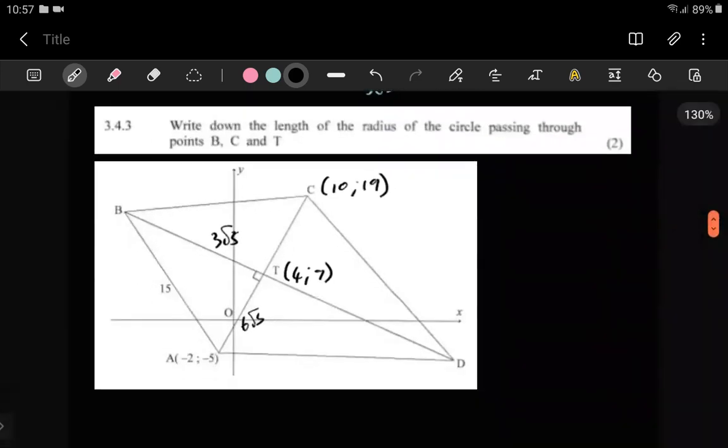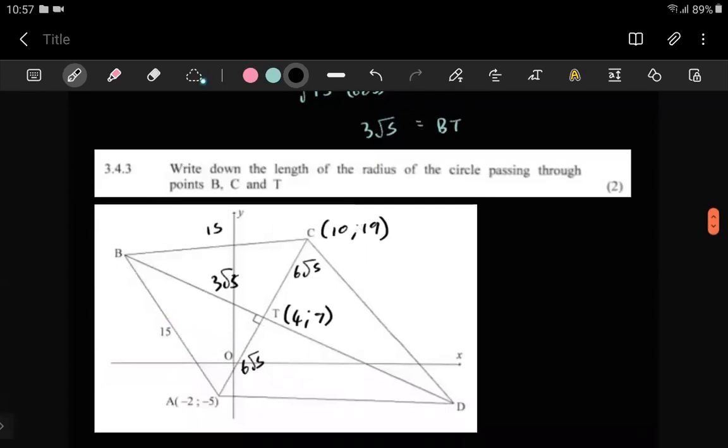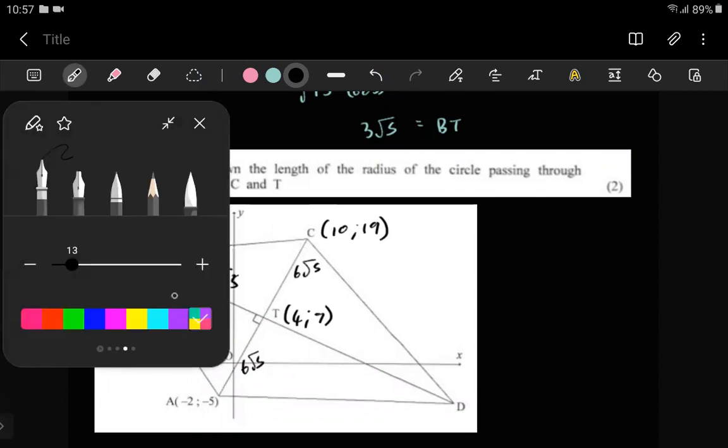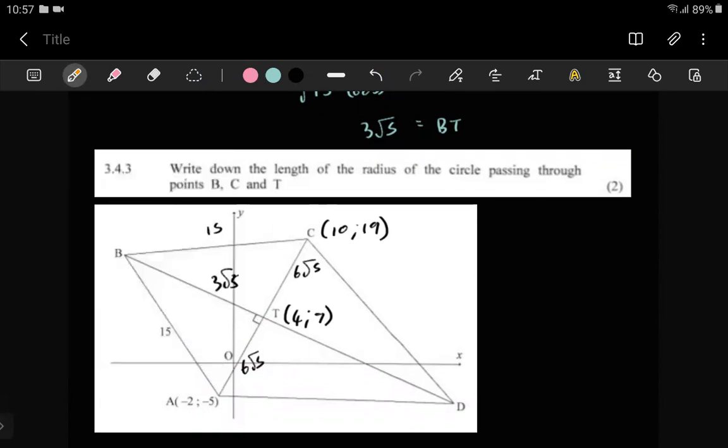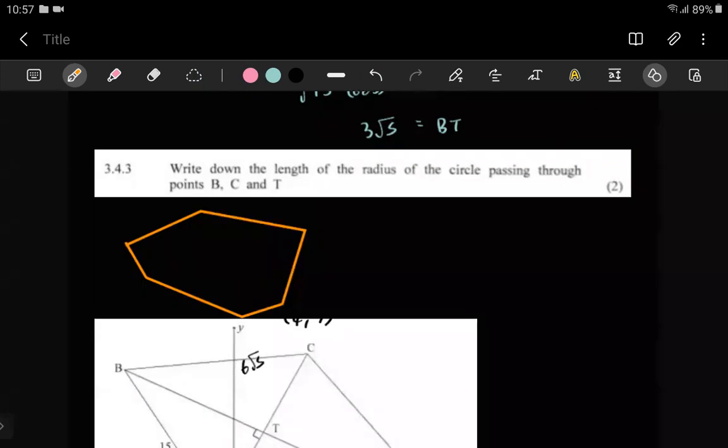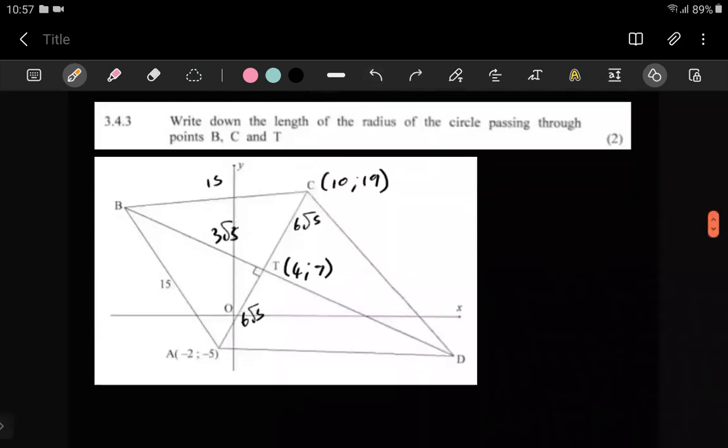So we clearly need to reread the question, because after putting in all this information, we need to see what we can do. They say write down the length of the radius of the circle passing through B, C, and T. You have to be a bit awake to get why they are talking about a circle passing through B, C, and T. I was drawing a circle there, imagine.